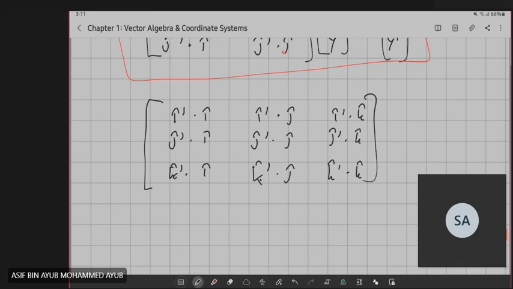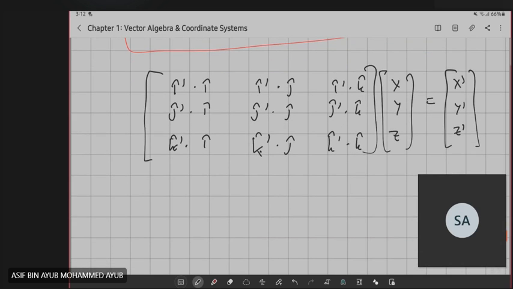And then you'll have the x, y and z here, and this will give you the rotated system here. Again, if you know the angles between these components, you can substitute the cosines here. Otherwise, if you're given the vectors here, you substitute with them.